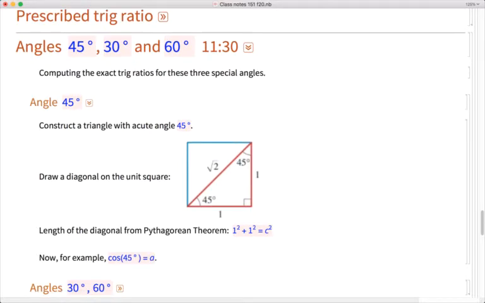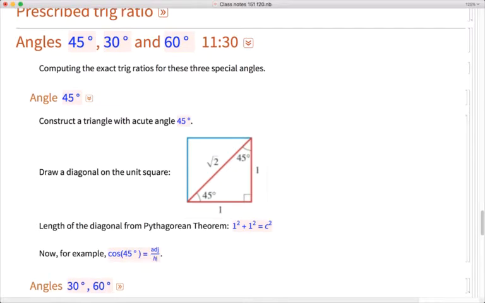Let's see, cosine is adjacent over hypotenuse. It depends on which of the 45s you're looking at. Let's say we're looking at this lower left one. Then the adjacent would be 1, and the hypotenuse would be root 2.